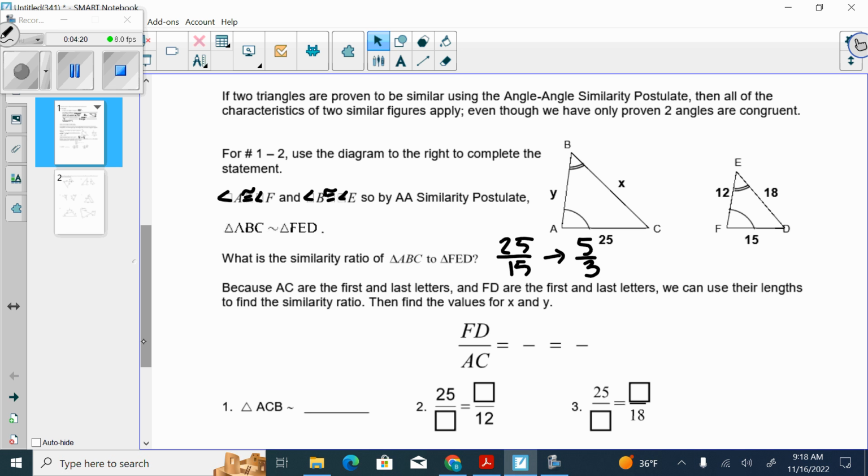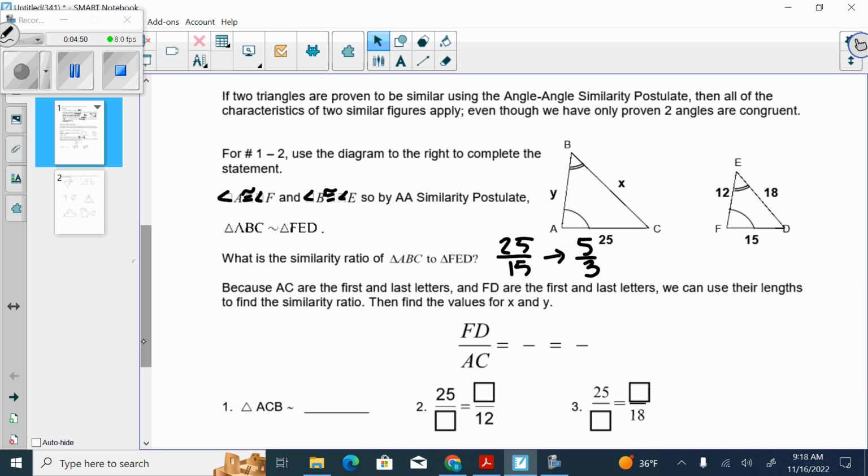Okay, it says because AC are the first and last letters and FD are the first and last letters, we can use their lengths to find the similarity ratio, and then find the values for x and y. So now they have FD, which is from the smaller figure on the top of the fraction, and AC on the bottom of the fraction. So whenever we fill in these gaps, we need to make sure that we put the different pieces in the appropriate place.